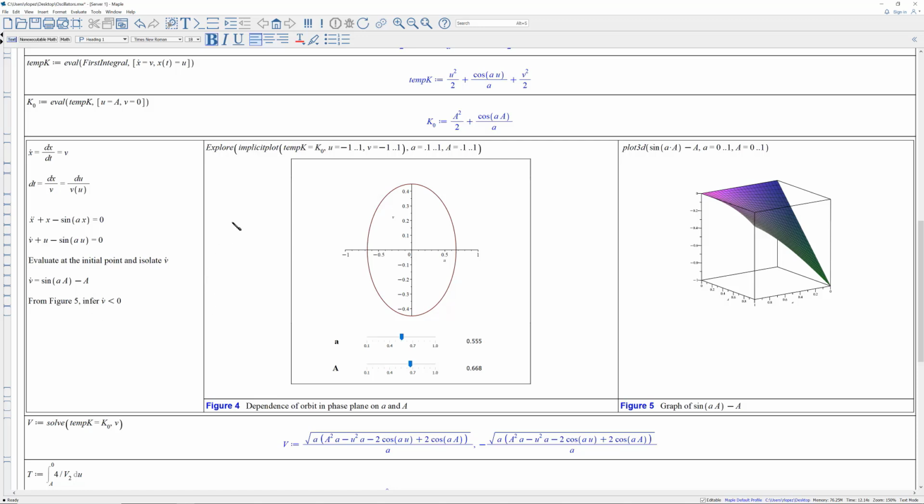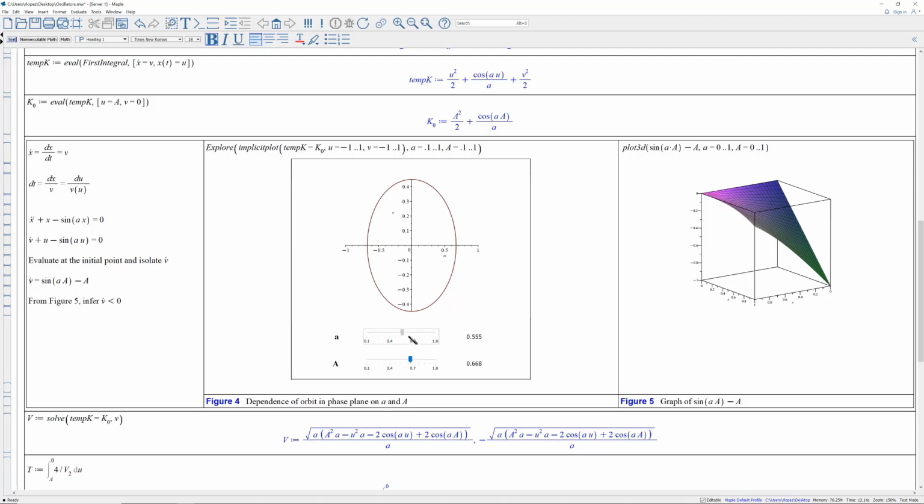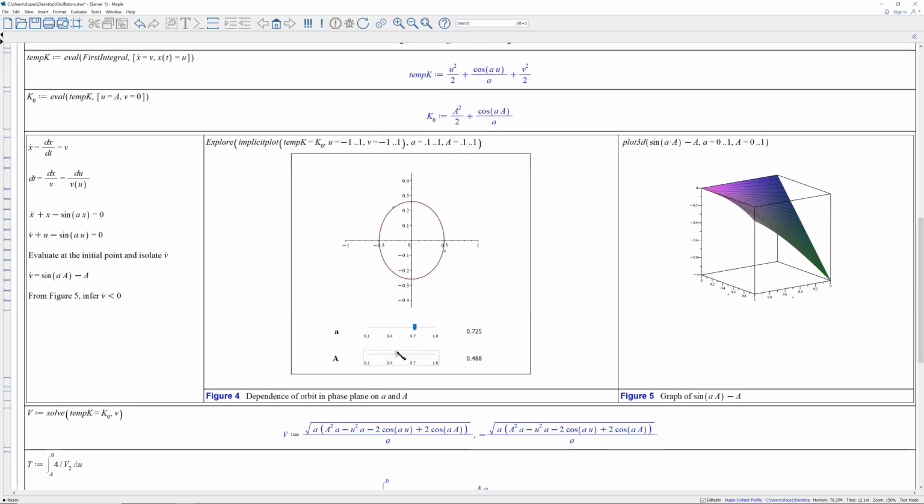Where are we going with this? This is an orbit in the phase plane. See, it's an implicit plot of the equation, first integral stuff with the value of the constant evaluated. And just to see that these closed curves persist, I made an explore.